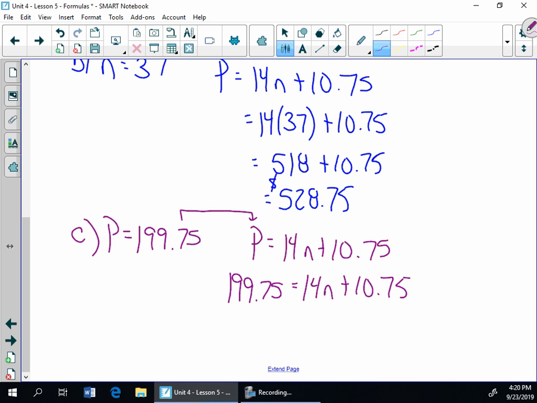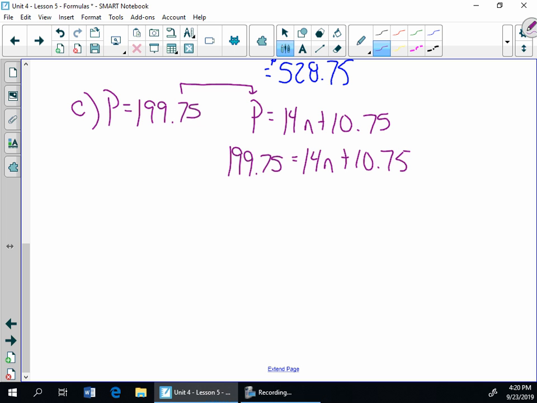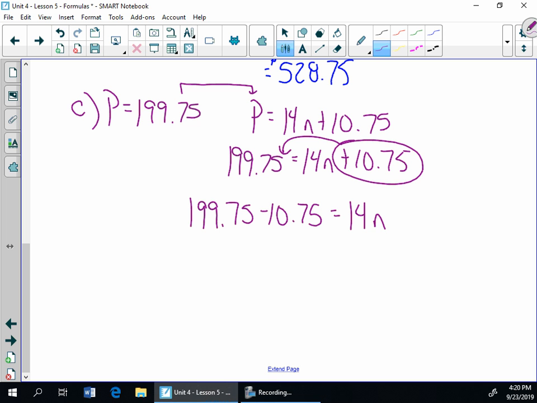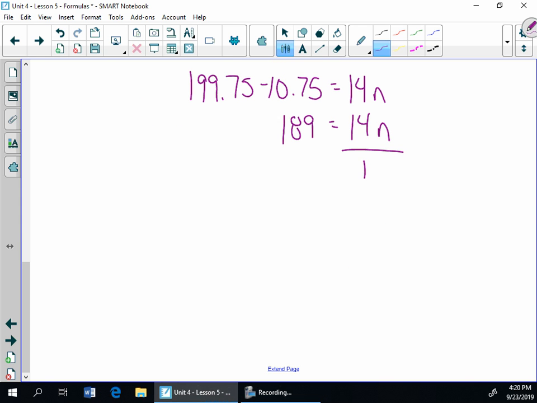Well, to solve this equation, I need numbers on one side and letters on the other. So I think it makes sense to bring the 1075 to the left and turn it into a minus sign. So I've got all the numbers on the left and the letters on the right. I end up with 189 here, 14n on the other side. I want to get n by itself, so I've got to divide by 14. Whatever I do to one side, I do to the other, and I end up with 13.5 hours.